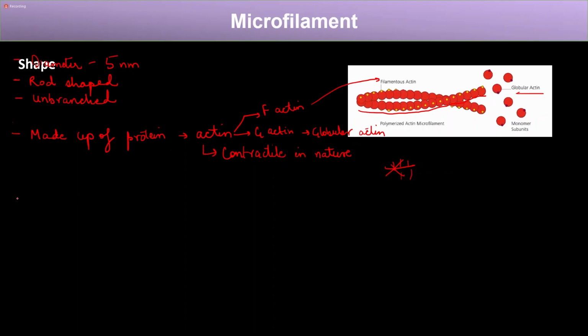Now, if we talk about the function of these microfilaments, the first function is that they are found in close association with the plasma membrane. Suppose you have this cell, this microfilament will be found very close to the plasma membrane.